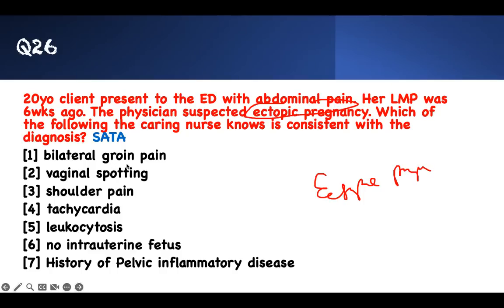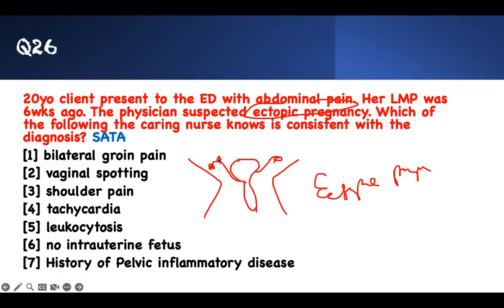Well, if this is the body and the uterus is here, there are ovaries and there are 2 tubes. I've never seen bilateral pain.